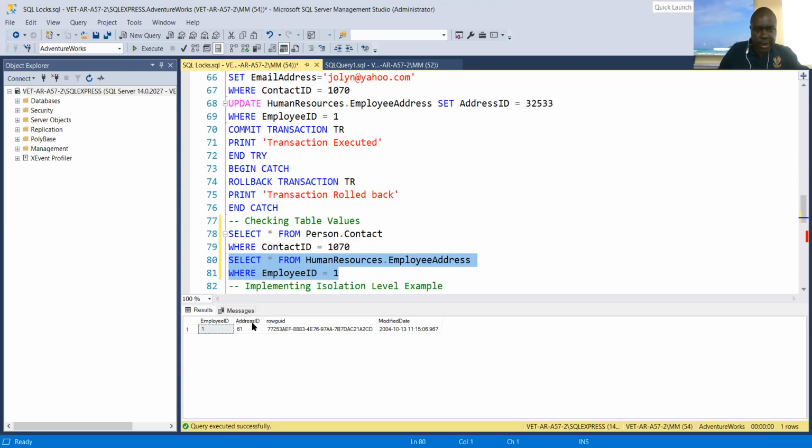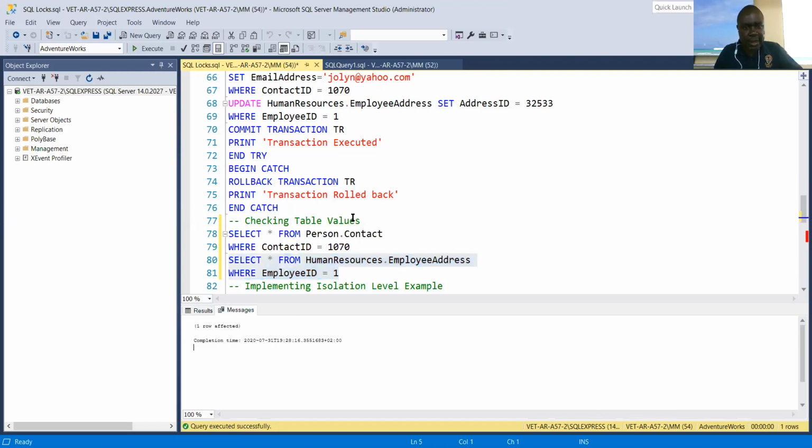The address ID is a foreign key in this table. So if this does not appear in the primary key, then the transaction is going to fail. And that's why it's reversing the transaction.